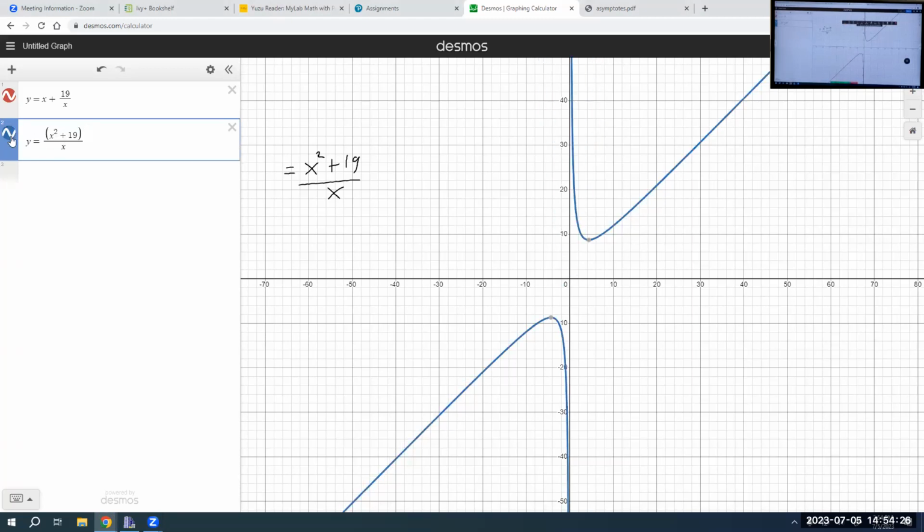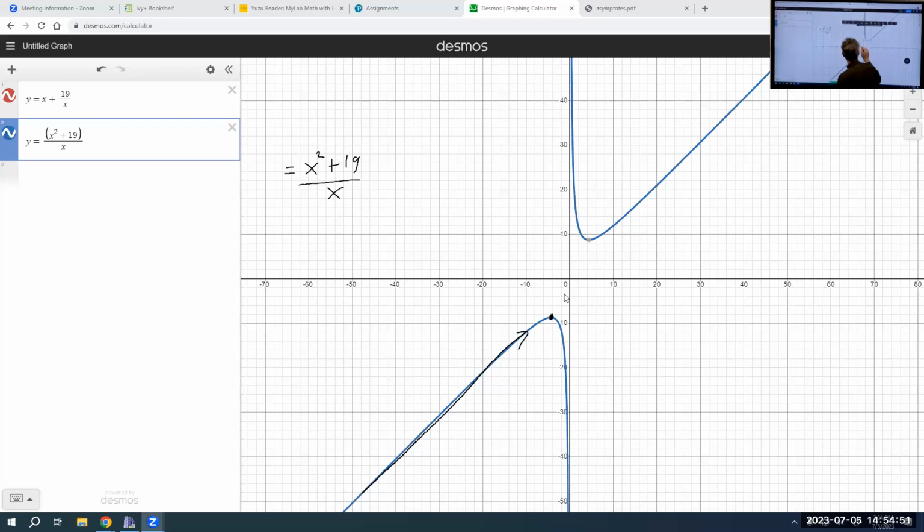You can see that those are the same function. Okay. On what interval is this increasing? Well, it looks like it's increasing going this way from negative infinity to this number.